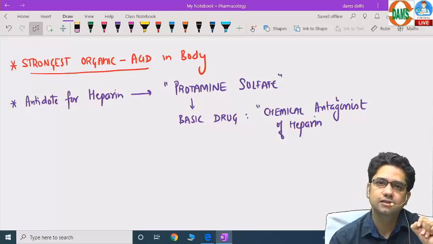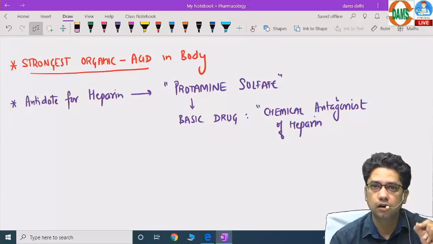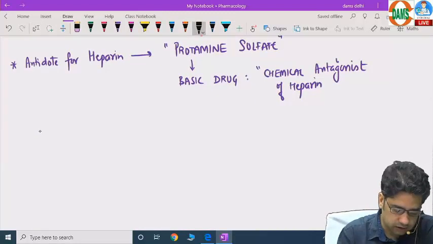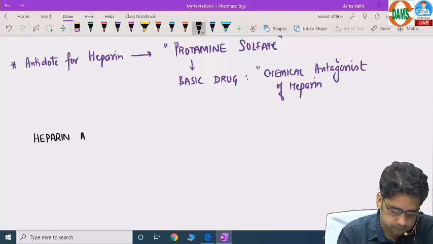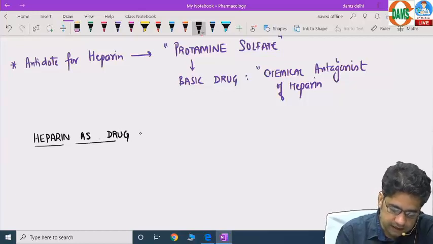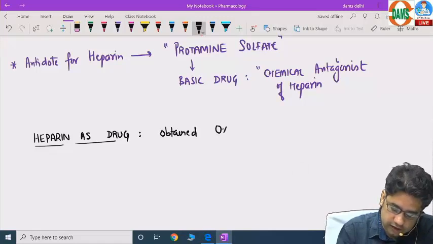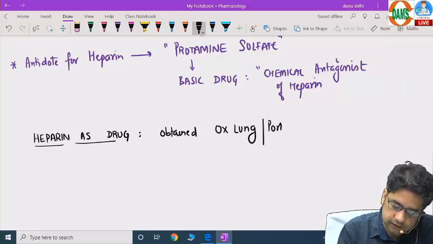But let's discuss heparin as a drug now. Heparin as a drug is obtained from ox lung and pork intestine.